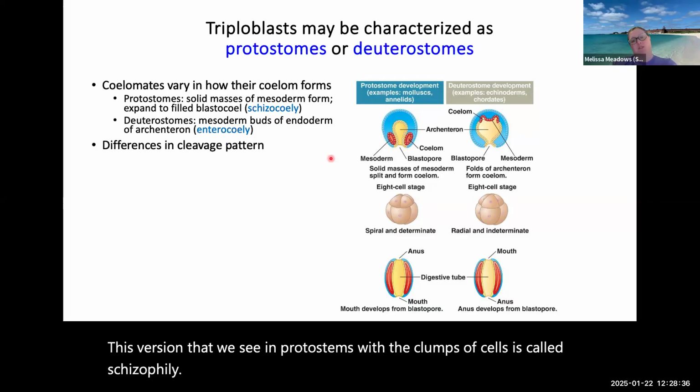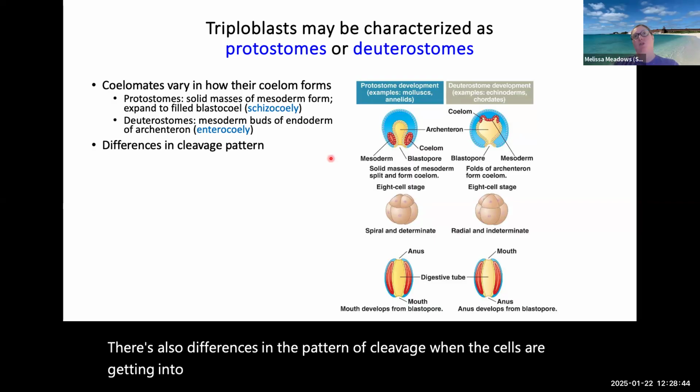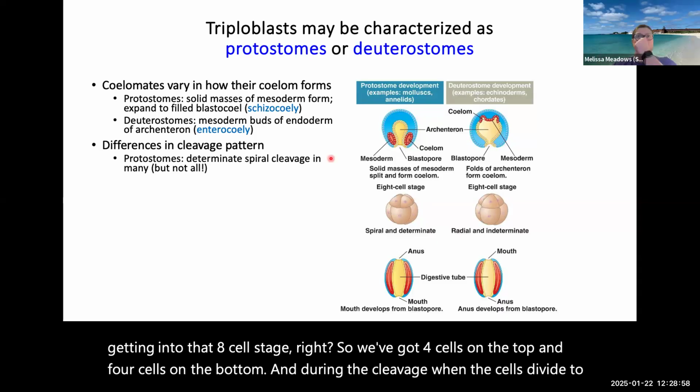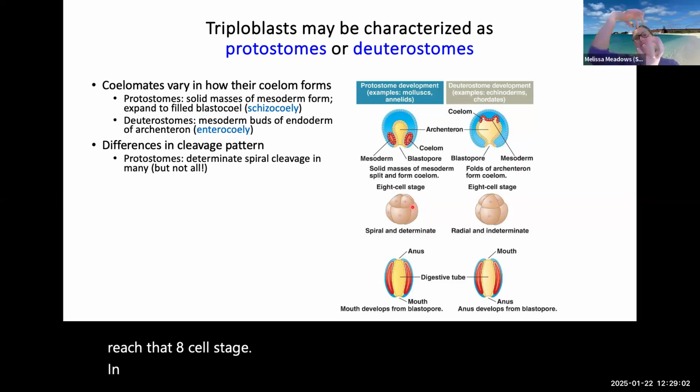There's also differences in the pattern of cleavage when the cells are getting into that 8-cell stage, right? So we've got 4 cells on the top and 4 cells on the bottom. And during the cleavage, when the cells divide to reach that 8-cell stage, in the protostomes, there's going to be this like twisting.